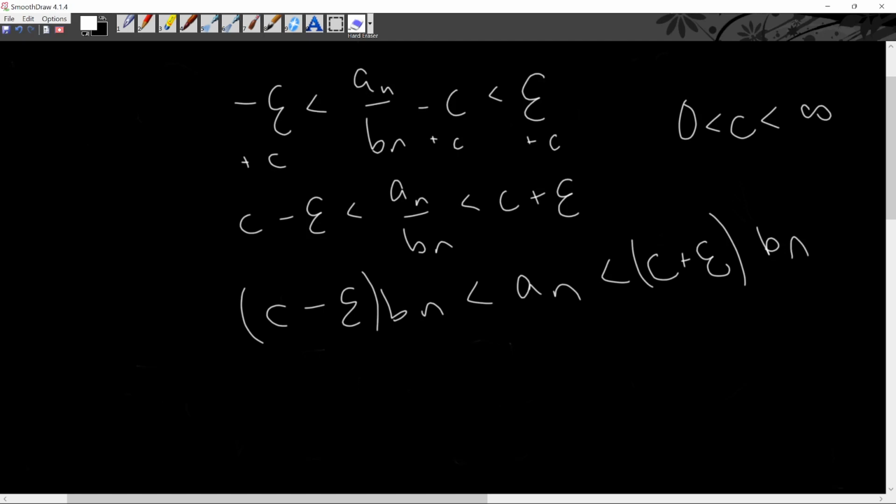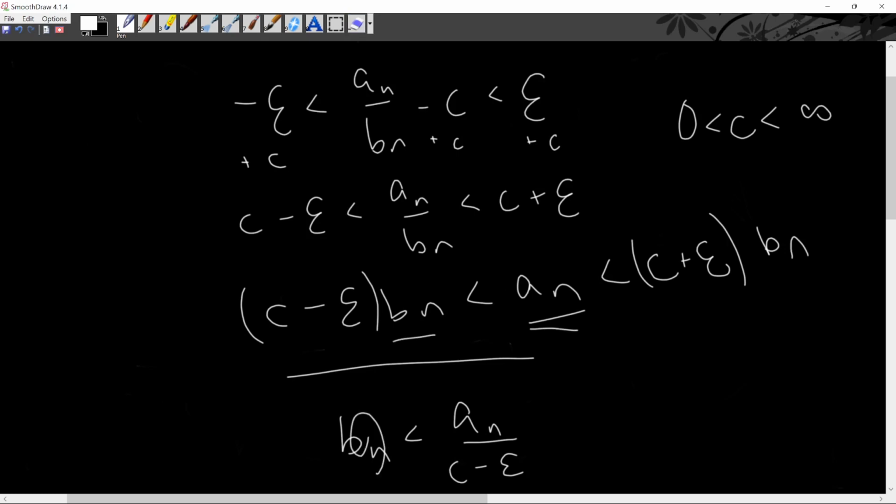So let's just think about this. If a sub n converges, then since b sub n is less than a sub n over c minus epsilon, b sub n converges. So both terms are converging if one of them is converging, right?